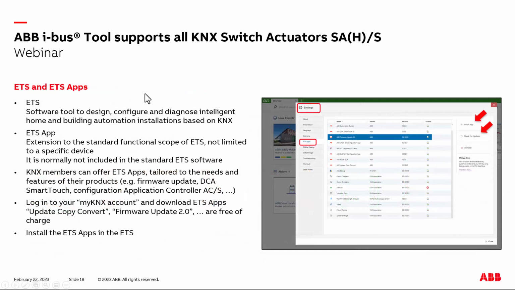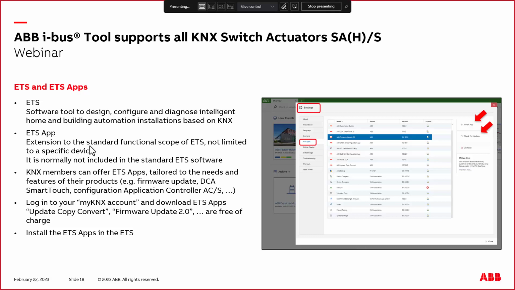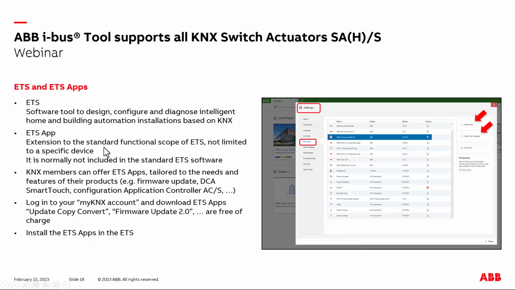Good, then let's come to the so-called ETS apps. Okay, you know the ETS, this is our standard software tool for configuration, setting parameters, linking group addresses, making a download, and so on. In principle, the functionality of the ETS is enough. But some functionality is limited in the ETS, or we have devices with maybe more power or more possibilities, like our devices, the Smart Touch, for example.